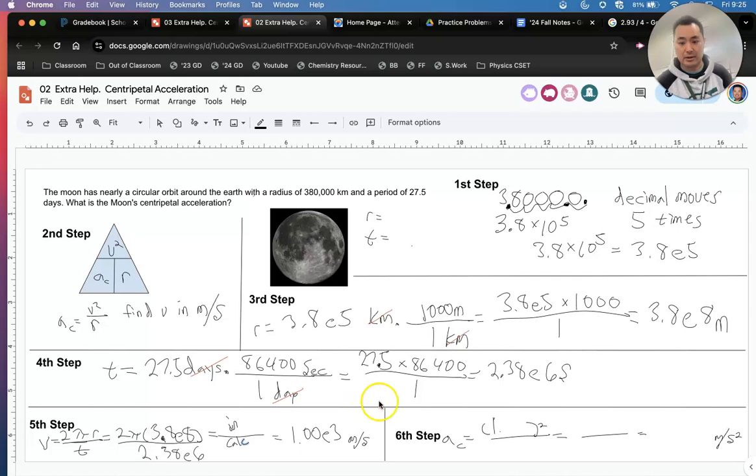So Jimenez, what is our fifth step answer? You just have to say it out loud. What is it? 1.00 e to the what? We're trying to do the sixth step. This is supposed to be V2, and that's supposed to be R. Did you know it was 3? 1.00 E3. This came from here.